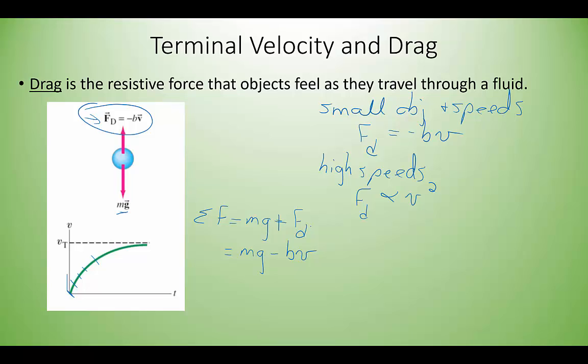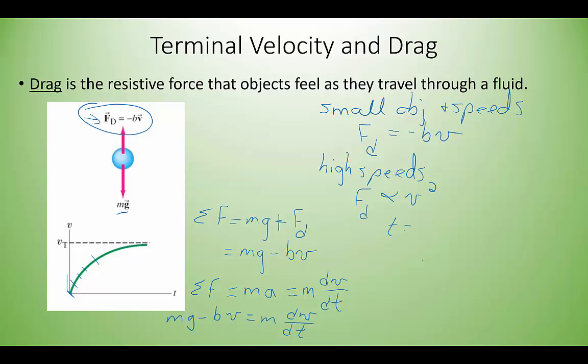Keep in mind that the sum of the forces is also able to be looked at as Newton's law, so it equals ma, and the acceleration, remember, is dv dt. So if the sum of the forces is mg minus bv, and it's m dv dt, then those two are also equal to each other.